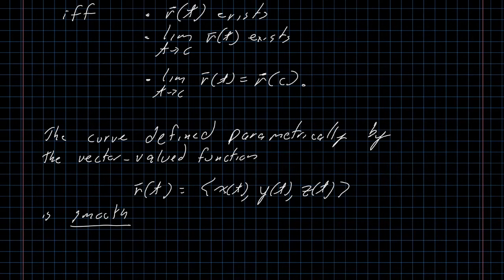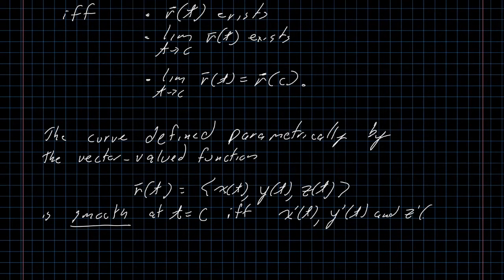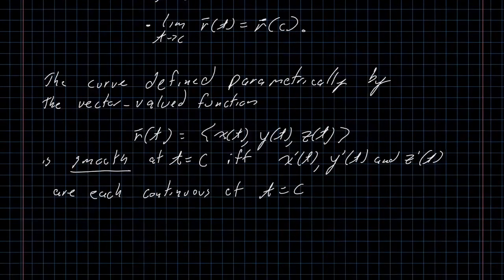Left out a term in there, sorry about that. Right, the curve is smooth at a point t equals c if and only if x prime of t, y prime of t, and z prime of t are each continuous at t equals c and not all zero.